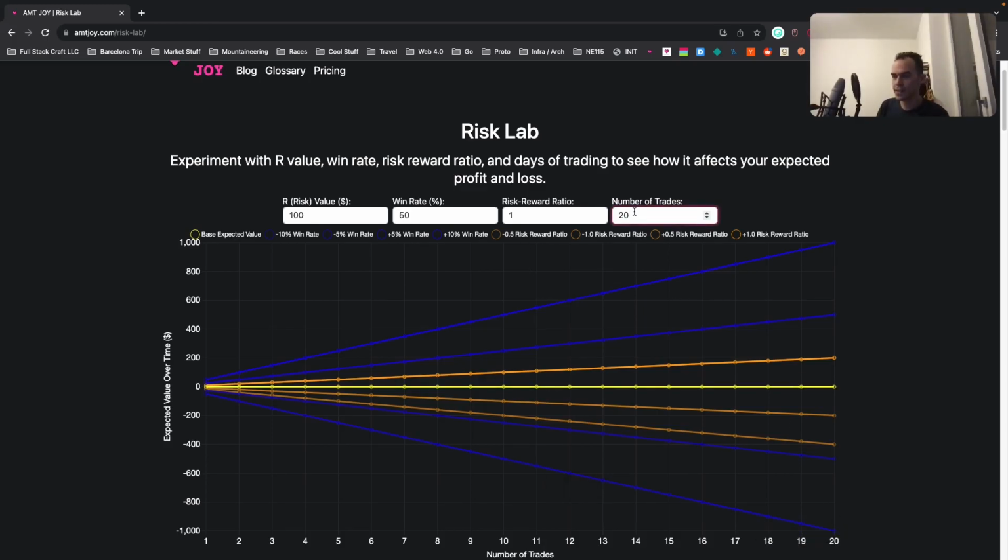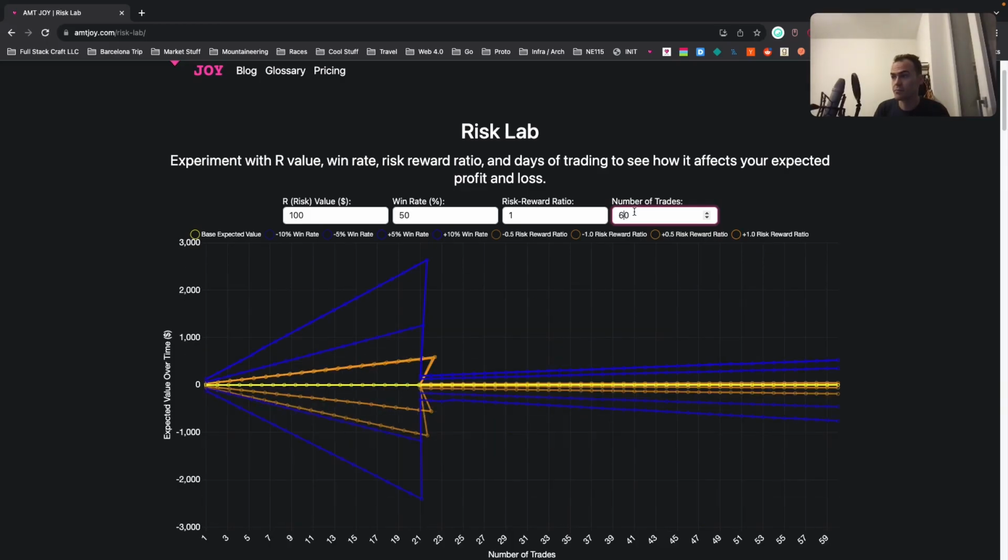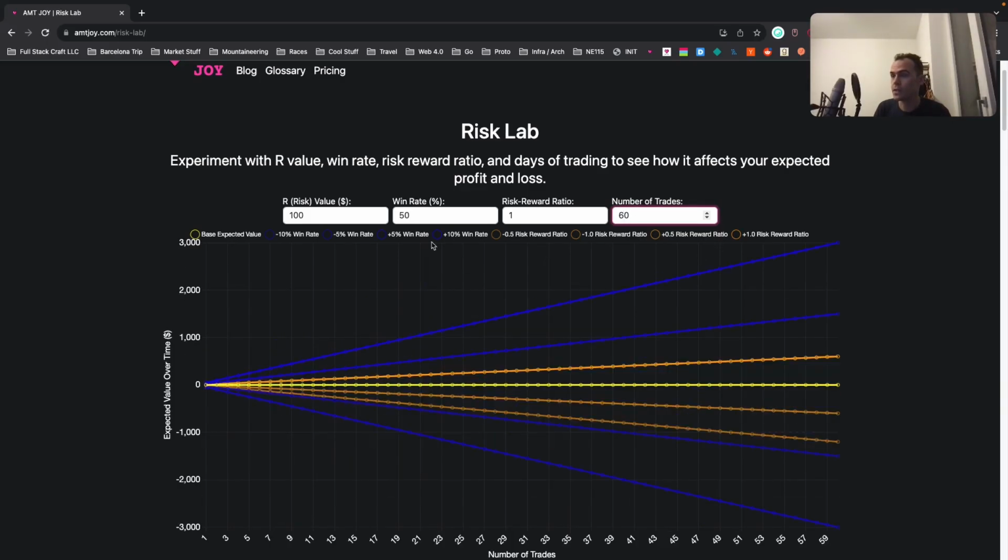So let's say, I know for my own statistics right now, let's say in a month I take 60 trades, right? Risk 100, yeah, that's about right. Could be a little bit higher, but I know my win rate is only something like 30%, right?